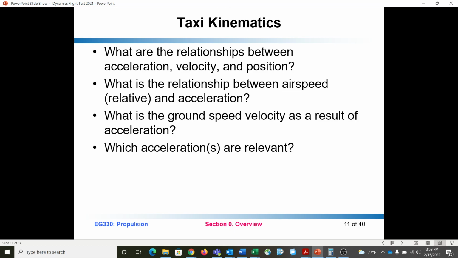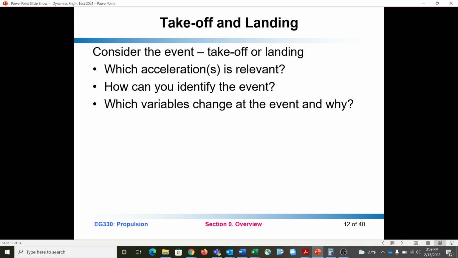So what are the relationships between acceleration, velocity, and position? What's the relationship between airspeed and acceleration? Can you determine the ground speed velocity as a result of acceleration? And then which accelerations are relevant? These are some questions you might ask.